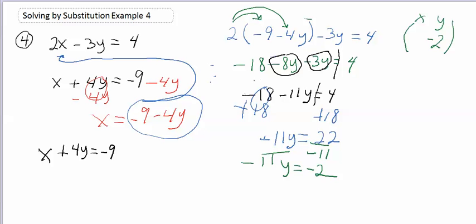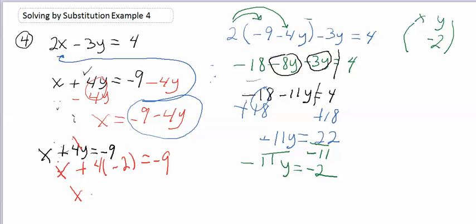Okay, so now take this negative 2 and plug it in down here. We're going to put negative 2 instead of the y: x plus 4 times negative 2 is equal to negative 9.